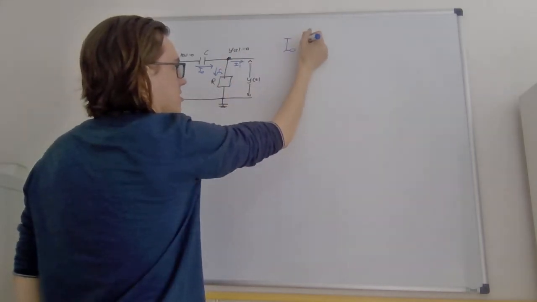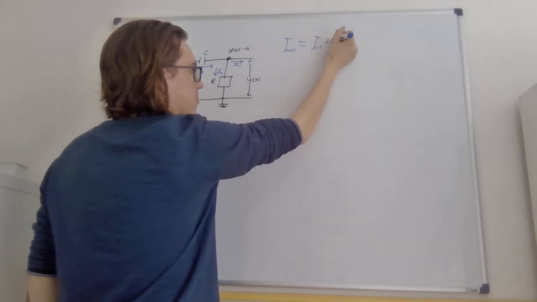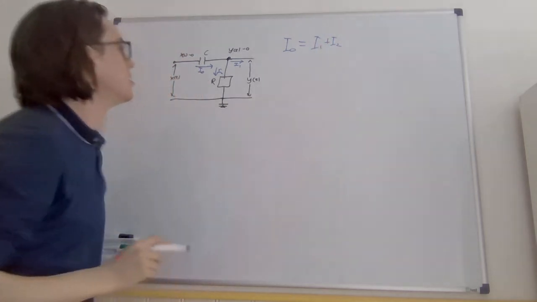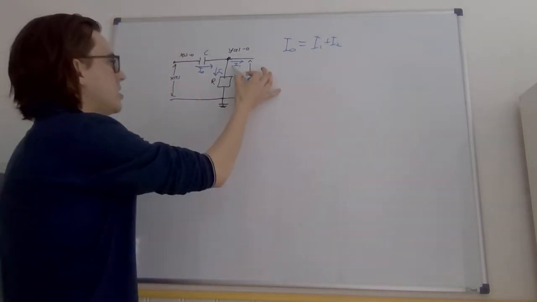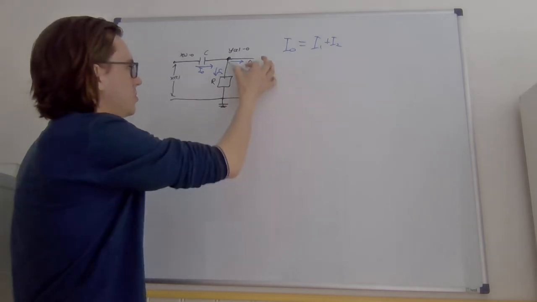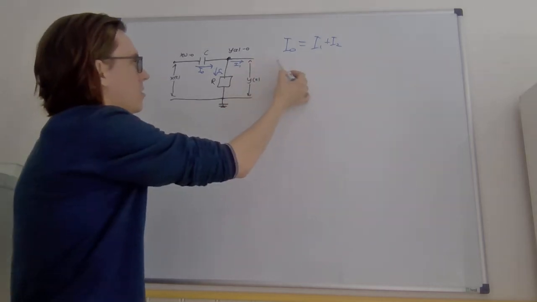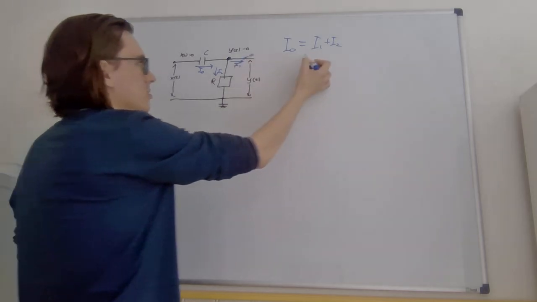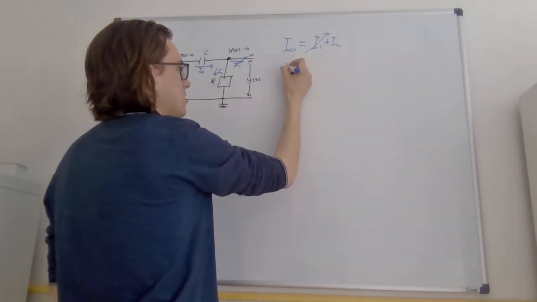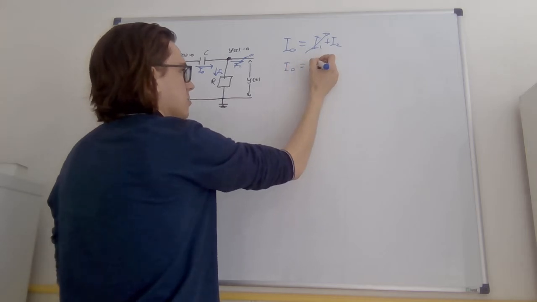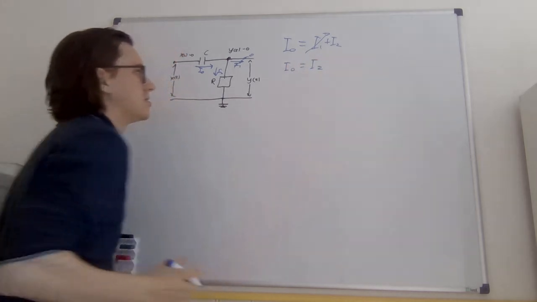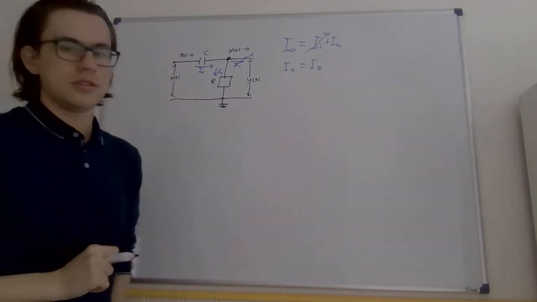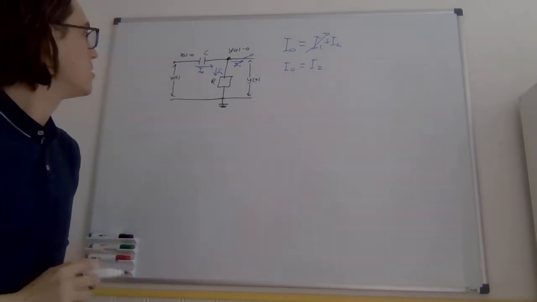So we find that I0 equals I1 plus I2. Because I1 is not part of a loop, we know that this goes to 0. So in fact, Kirchhoff's law just gives that I0 equals I2.